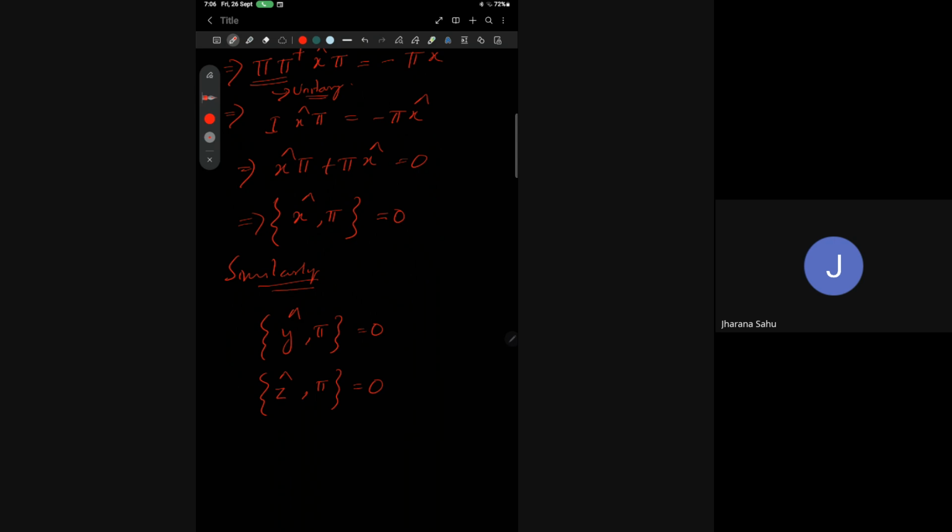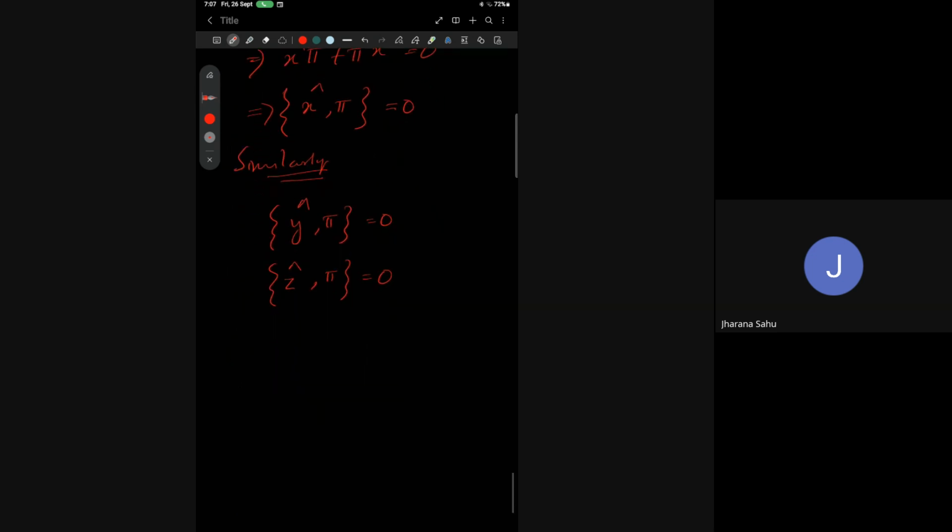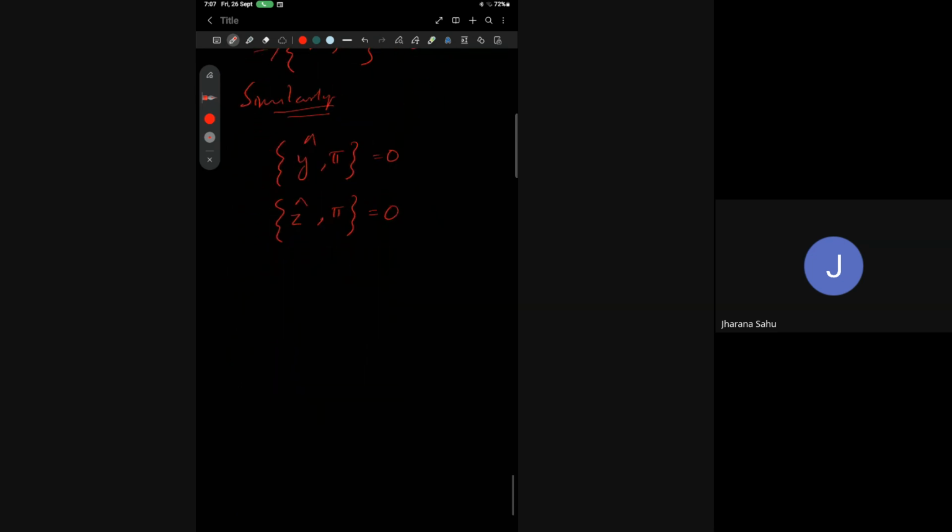So position operators anti-commute with the parity operator.